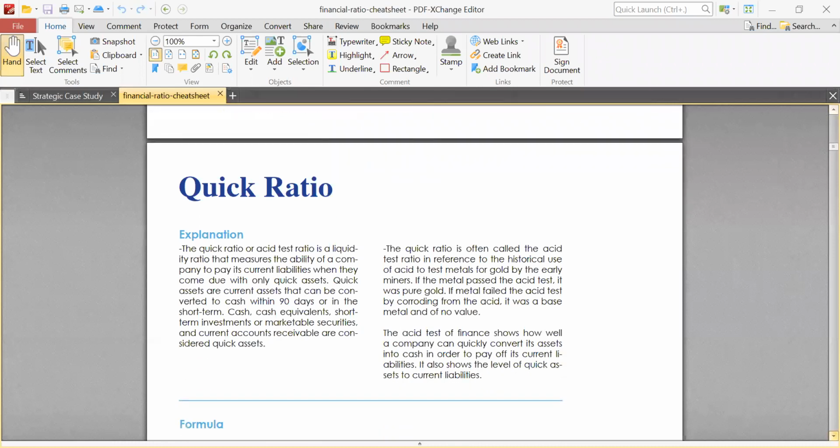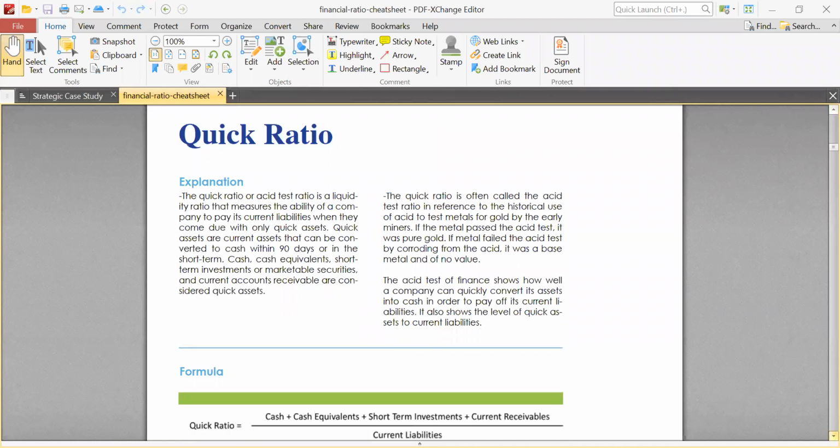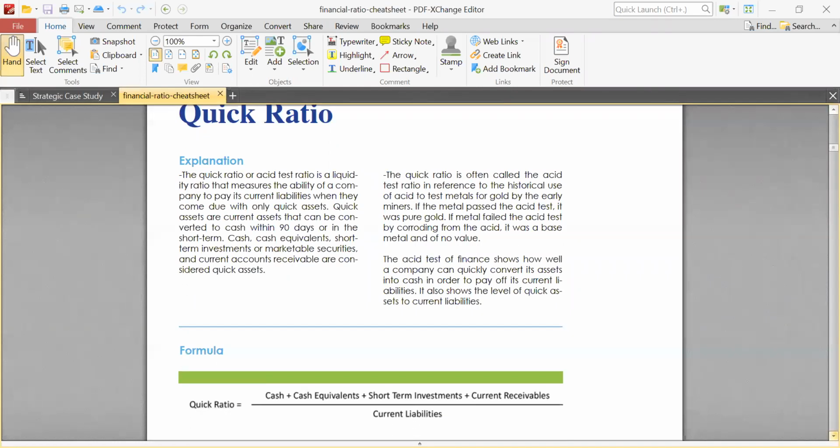What we need to focus on more is the implication of the ratio and its impact on the business.